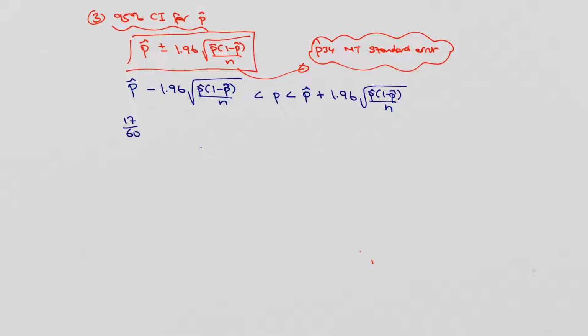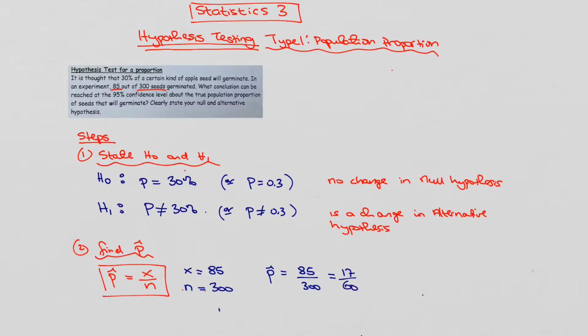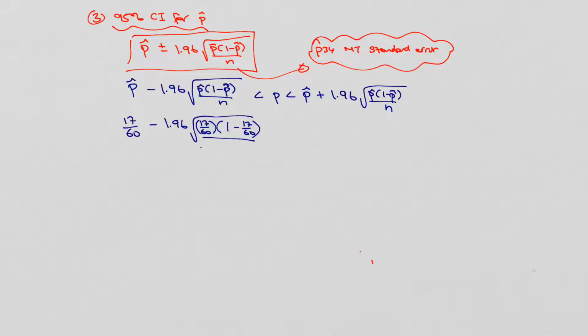So we have 17 over 60 minus 1.96 times the square root of 17 over 60 times 1 minus 17 over 60 over our sample size, which we said was 300. And then we have 17 over 60 plus 1.96 times the square root of 17 over 60 times 1 minus 17 over 60 all over 300.